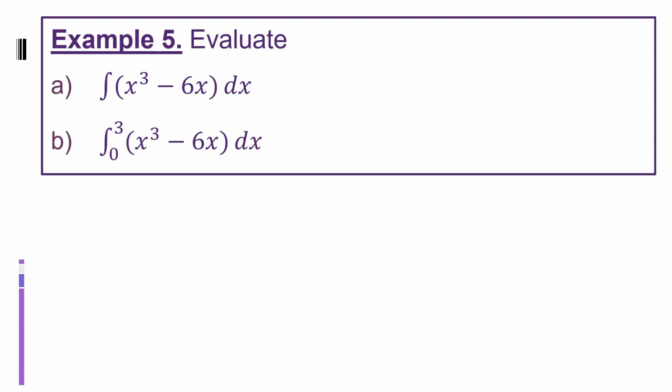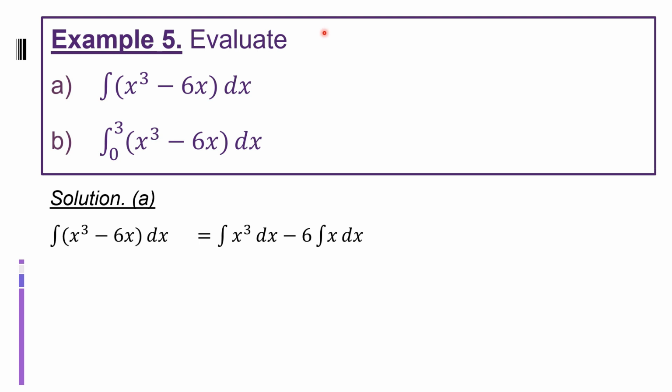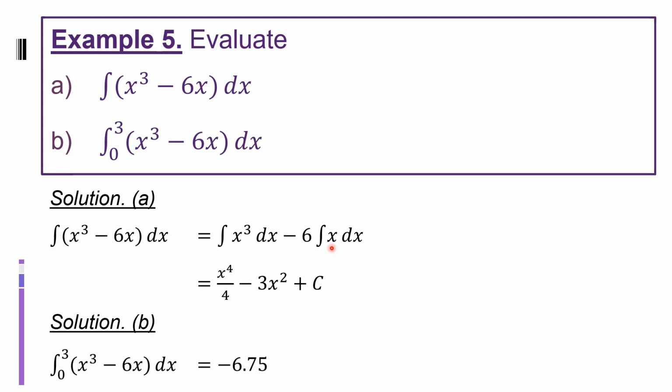And finally, i-compare natin ngayon yung definite integral sa indefinite integral. So for our first solution, so by using our antiderivative theorems, pwede nating paghiwalayin yan. So we just have x raised to 4 over 4 minus 3x squared plus c. While for letter B, alam natin that definite integral is negative 6.75.